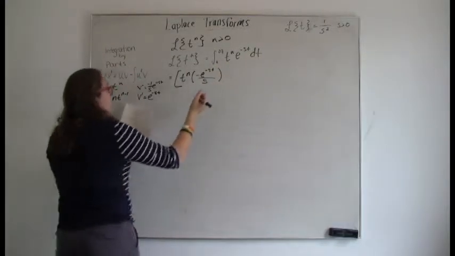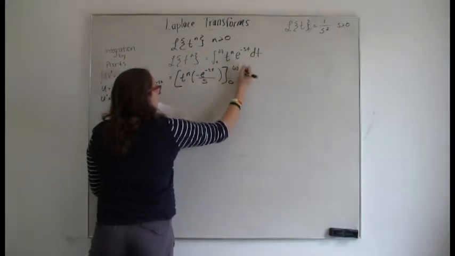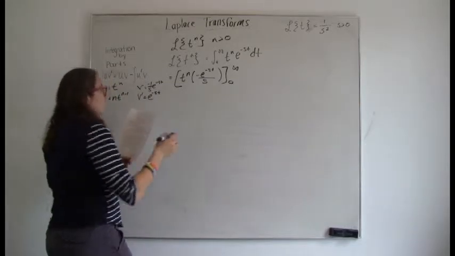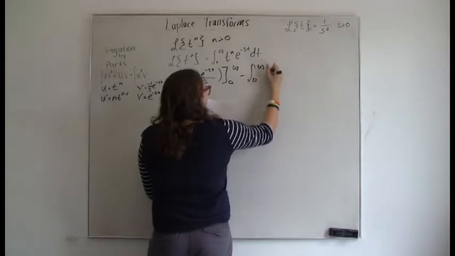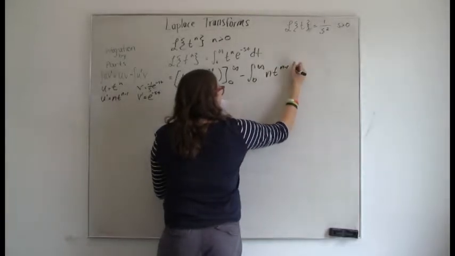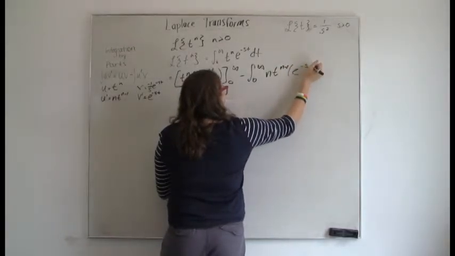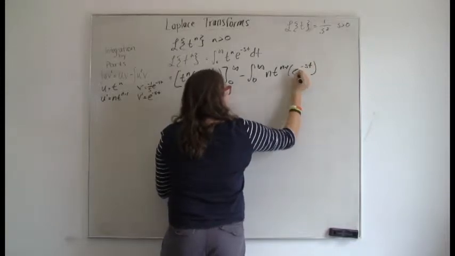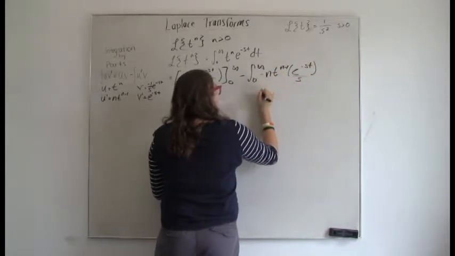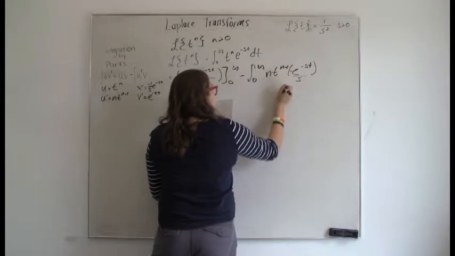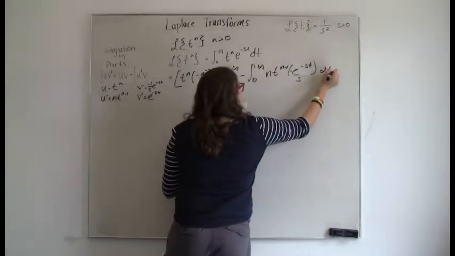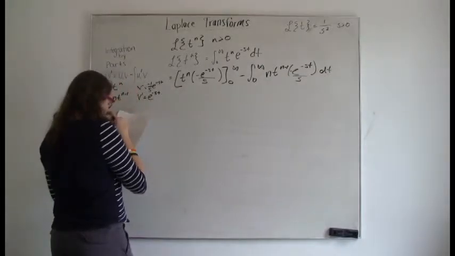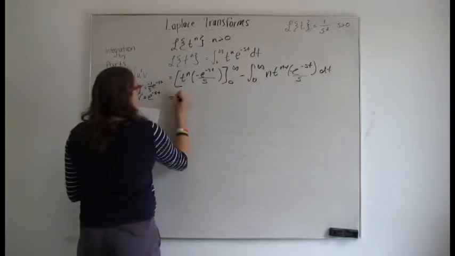And we will eventually evaluate this from 0 to infinity. And then subtract from that the integral from 0 to infinity of n times t to the n minus 1 times the quantity negative e to the negative st over s, because this is u prime v. So now we can simplify the constant. We'll leave our uv to be evaluated for later.